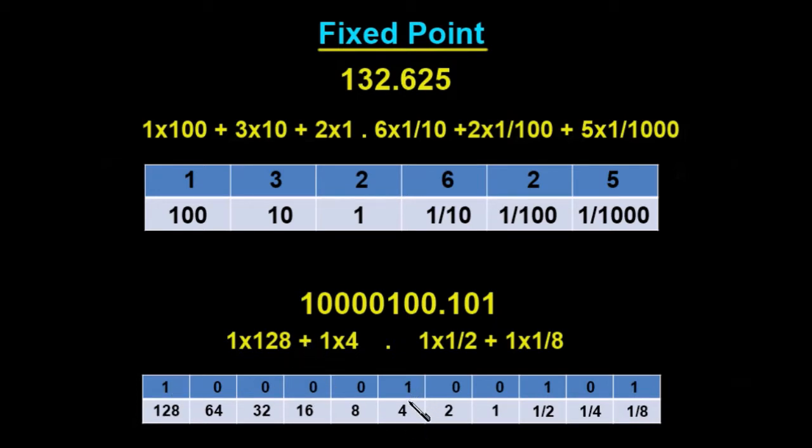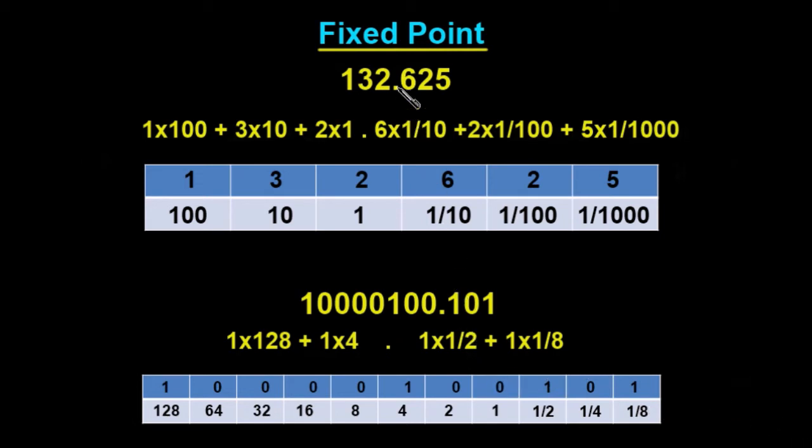Now the part here that's interesting is the fractional part. We can represent the fractional part in binary in the same way as we represent the fractional part in decimal. So the first part of the fractional part is going to be, instead of 1 upon 10, the value of 1 upon 2, and then the next one will be 1 upon 4, and then 1 upon 8, and 1 upon 16, 1 upon 32, and so on and so forth.